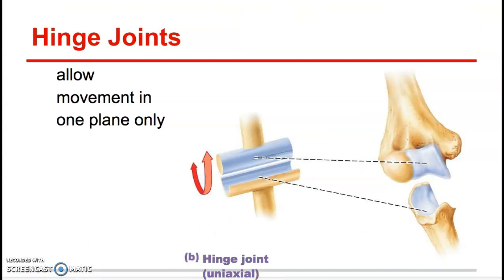So we're going to go through a few other types of joint classifications. Here is a joint called a hinge joint. A hinge joint is any joint that moves only in one plane. So the joint between the humerus and the ulna is a hinge joint. Those bones can only move in one plane.